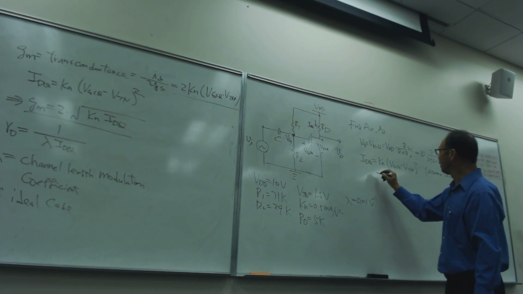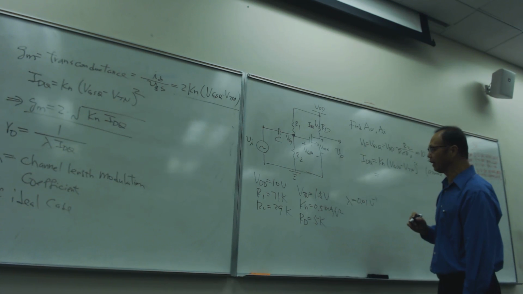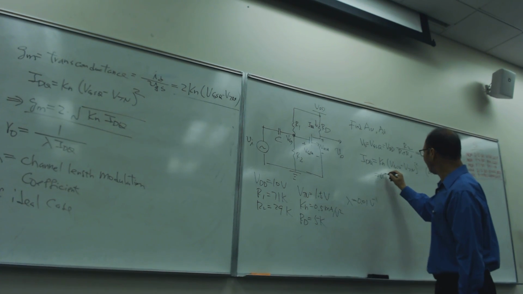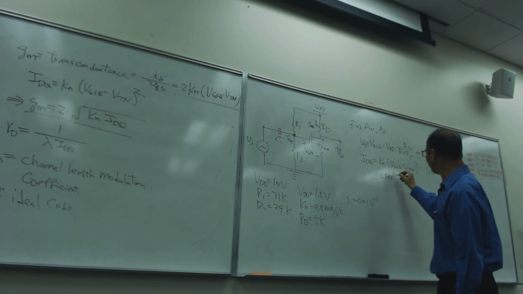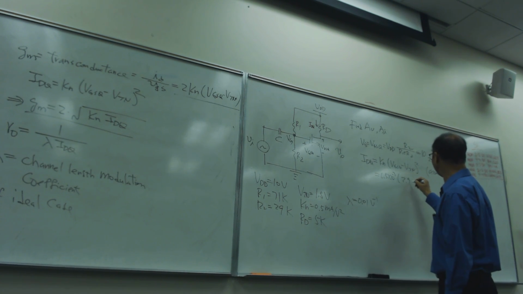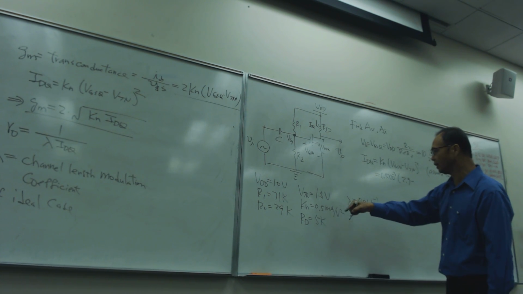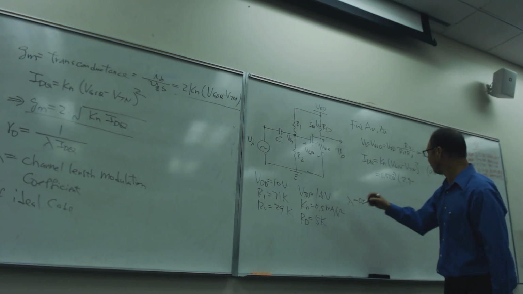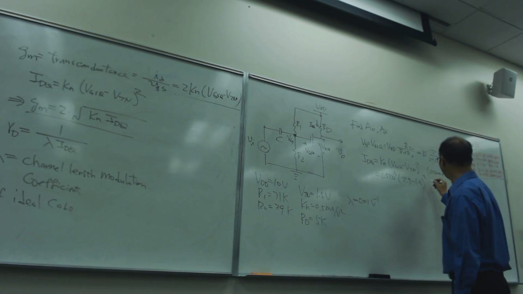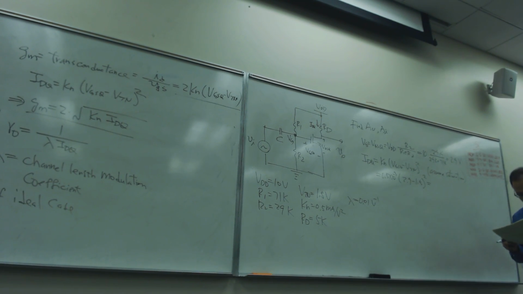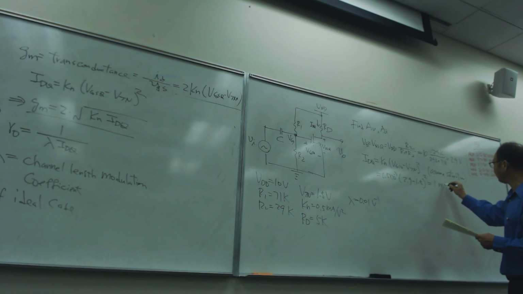Therefore, this is Kn, 0.5 times 10 to the minus 3, times 2.9 minus 1.5, squared. So I can find IDQ to be about 1 milliamp.